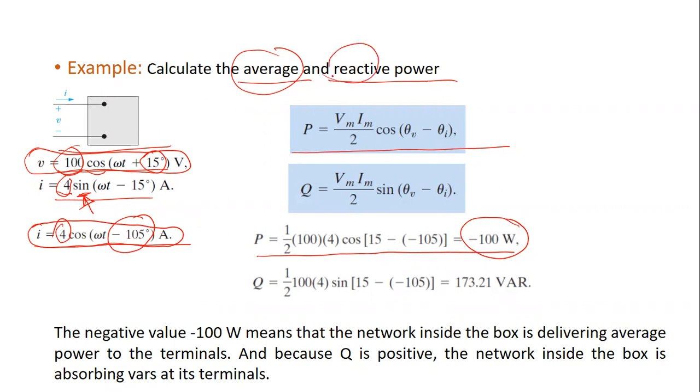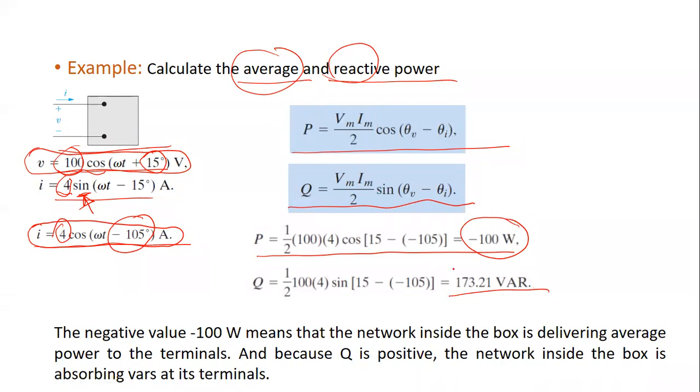And I need to calculate the reactive power, and here is the formula. You need to multiply the maximum voltage with the maximum current over 2 and sine of the difference in the phase angles. So maximum voltage is 100, maximum current is 4, multiplied by half, and sine of the phase angle of the voltage, which is 15, minus the phase angle of the current, negative 105, and this will be 173.21.